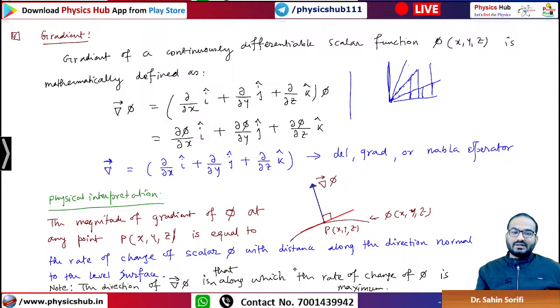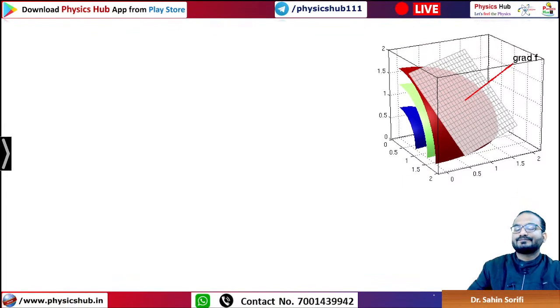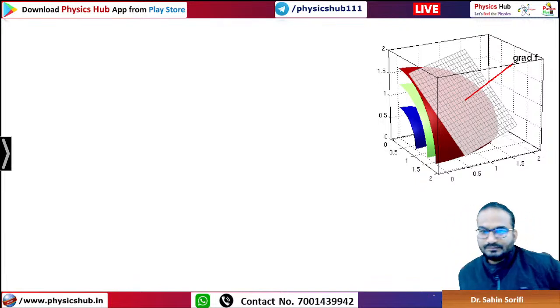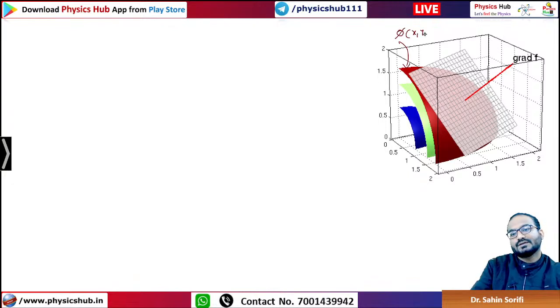Now here we are using a term called level surface. What is that? What is a level surface? Okay, look at this. This thing I was showing in the picture. This was the phi function, phi of xyz. At any particular point you have taken and you have drawn this tangent plane. Then grad phi basically denotes this.